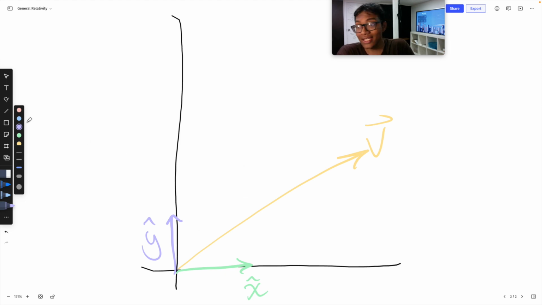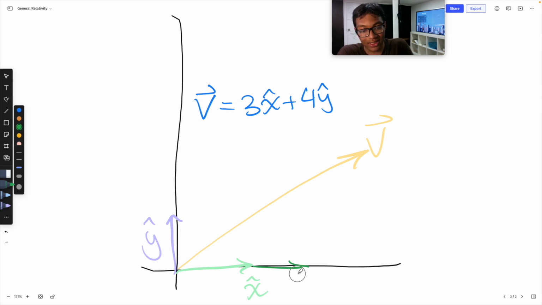So we can say that this vector v can be written as some amount of the x hat vector, let's say 3, and some amount of the y hat vector, let's say 4. What that means is that we'd have to put 3 of these x hat vectors together and 4 of these y hat vectors together, 1, 2, 3, 4, to assemble this general vector v. So that's the idea of basis vectors.